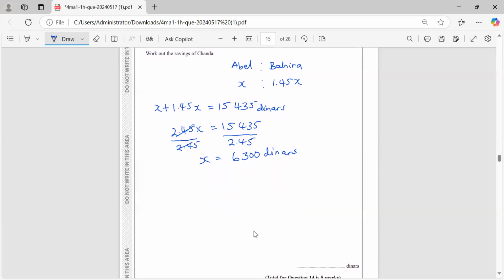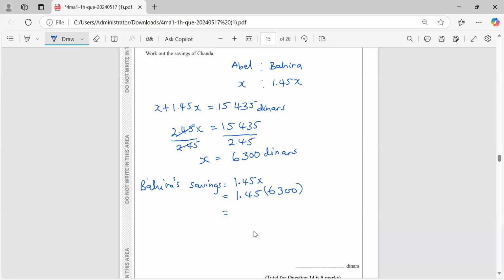So we want to find how much Bahira actually had. So Bahira's ratio was 1.45x. So Bahira's savings is equal to 1.45x. So it's now 1.45 multiplied by 6,300 dinars, right?